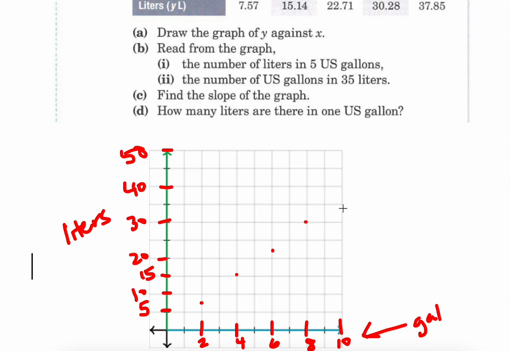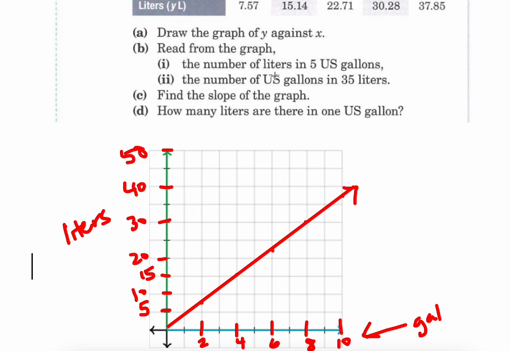And for 10, it's about 37.58, so around there. It does make a straight line, so that makes me feel good about my estimating. Yeah, it's pretty okay. All right, and there's my graph.